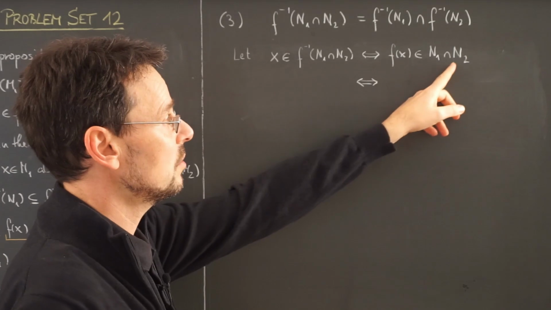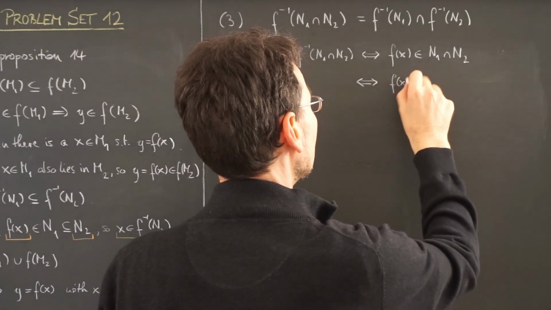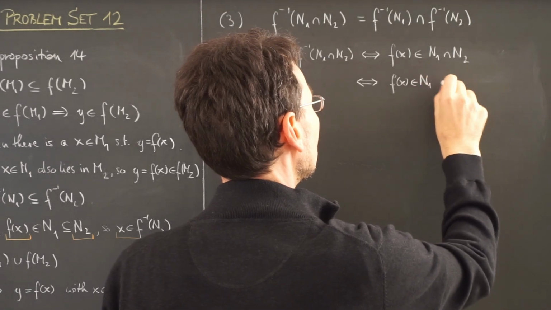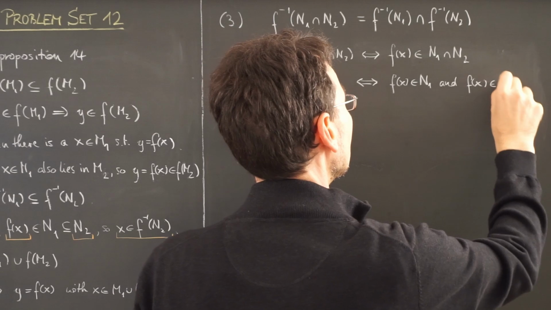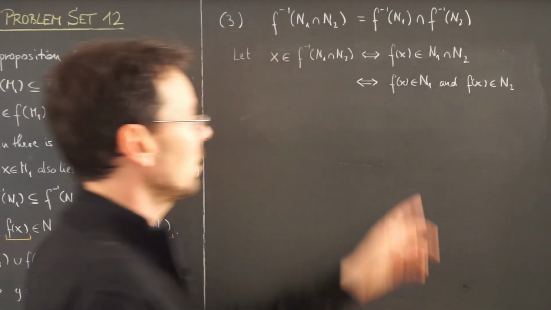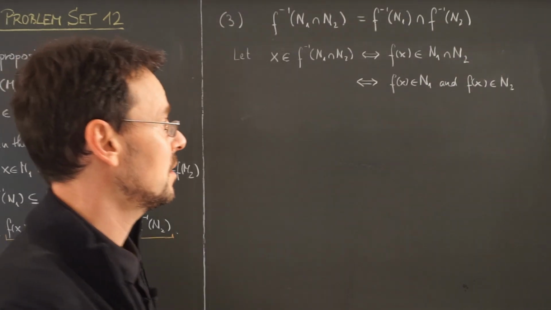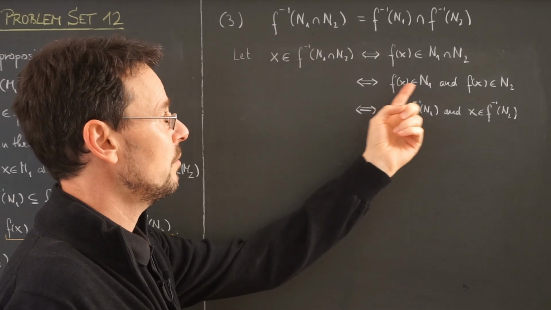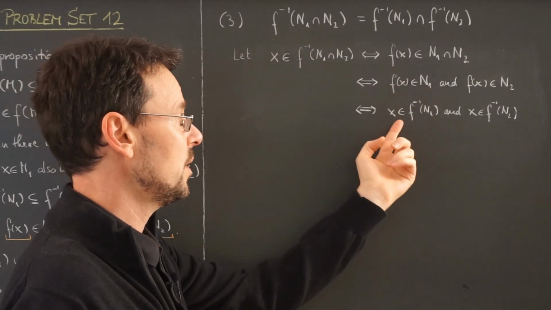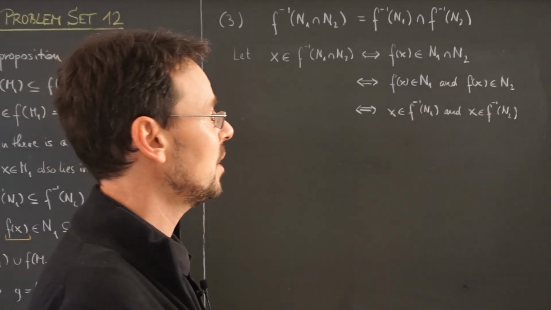Now by definition of intersection, this means that f of x lies in this set and at the same time in this set. But now again, by definition of pre-image, if f of x is an element of N1, then x lies in the pre-image of N1 under f, and the same here.